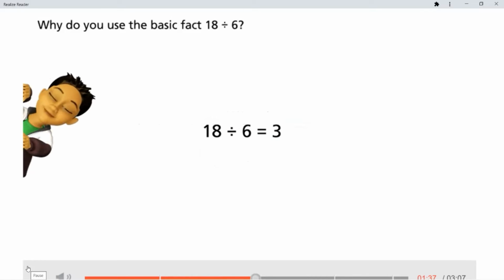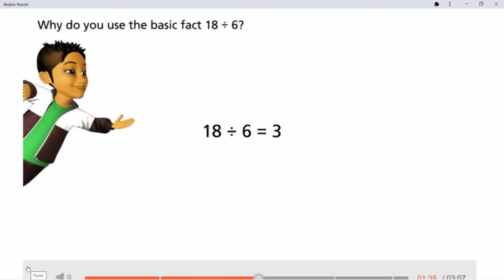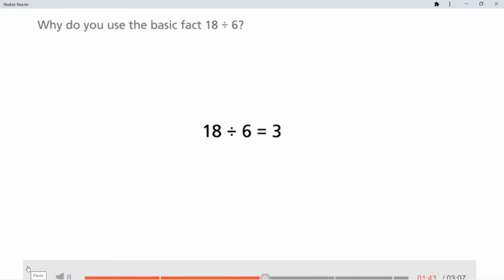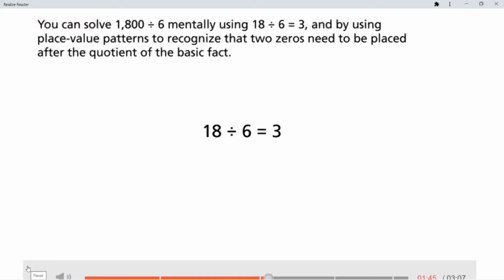Why do you use the basic fact 18 divided by 6? You can solve 1,800 divided by 6 mentally using 18 divided by 6 equals 3, and by using place value patterns to recognize that 2 zeros need to be placed after the quotient of the basic fact.